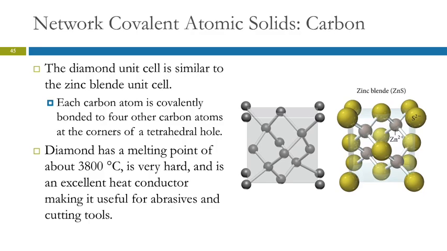If we look at the structure of the diamond, its unit cell is similar to the zinc blende unit cell. Here's the zinc blende. That was a face-centered cubic, and we had these zinc ions in 4 of the tetrahedral holes. Here we have carbon atoms as the lattice points in the unit cell, and 4 additional carbon atoms occupying tetrahedral holes.